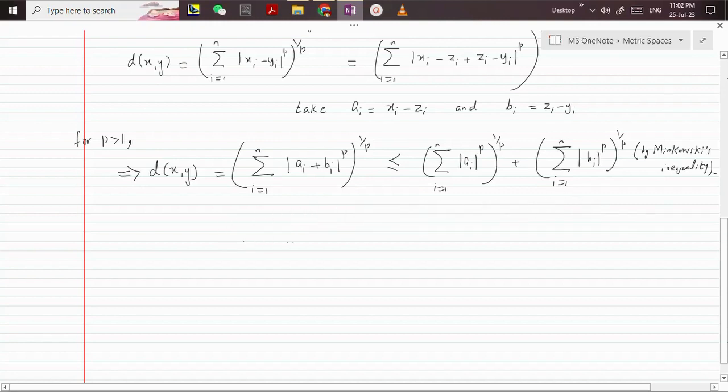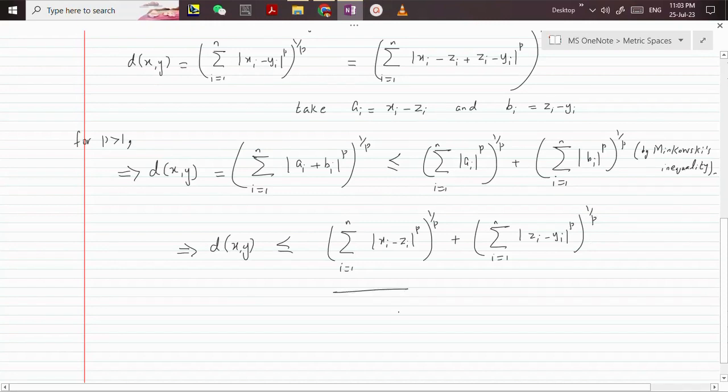Okay. So what is ai? This implies that d(x,y) is less than or equal to, ai is xi minus zi, so the summation i from 1 to n of |xi minus zi|^p, whole power 1 by p, plus summation i from 1 to n of, what is bi? |zi minus yi|^p, whole power 1 by p.